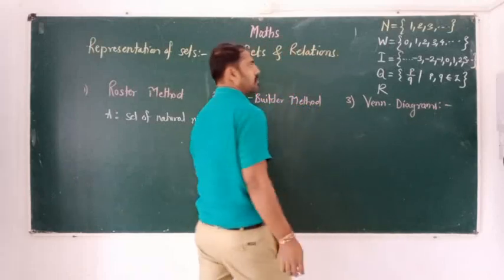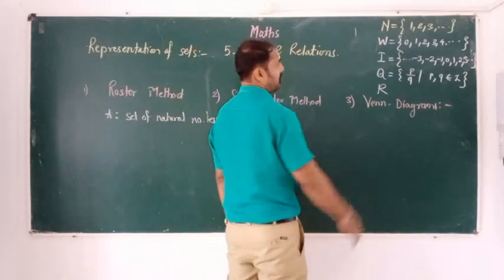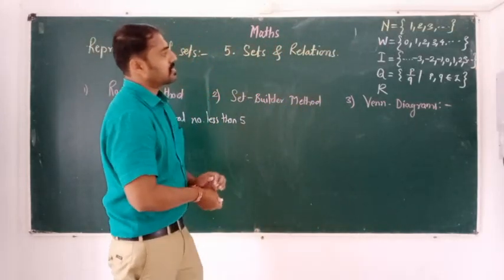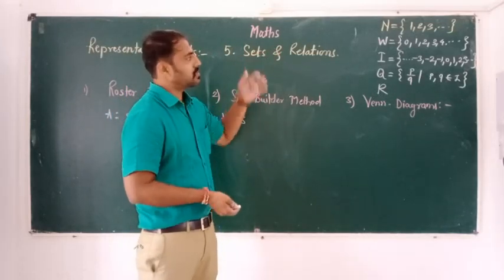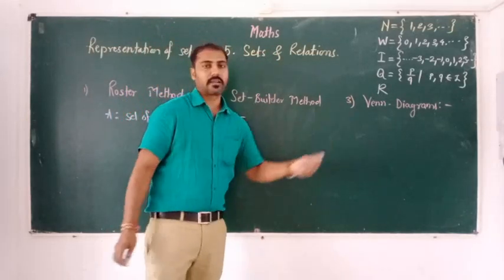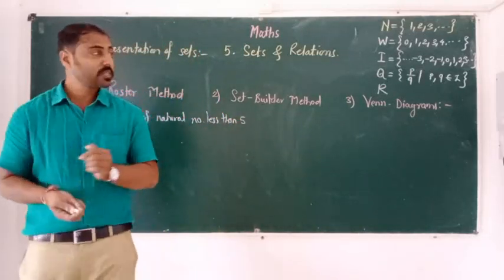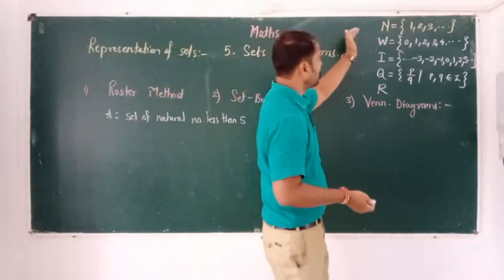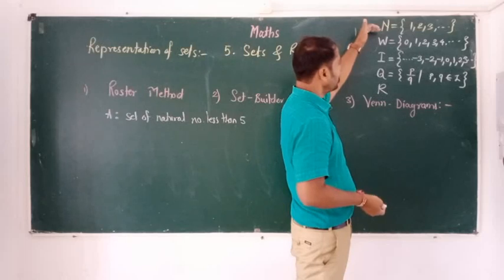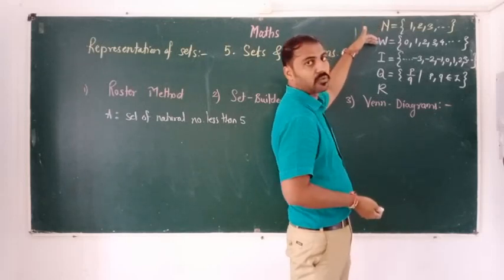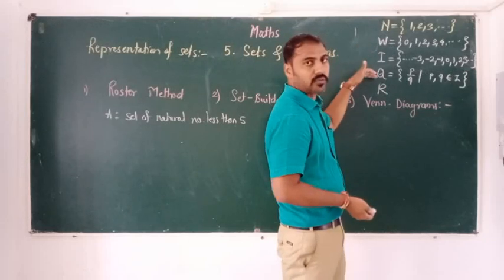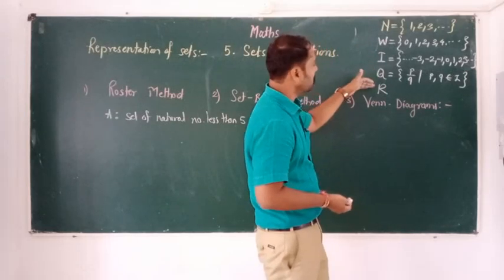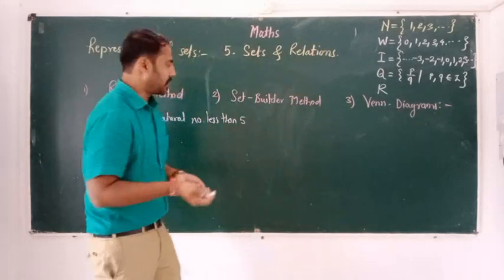Real numbers include all numbers: natural numbers, whole numbers, integers, rational numbers, and all irrational numbers. So these are the symbols to denote them: N for natural numbers, W for whole numbers, I for integers, Q for rational numbers, R for real numbers.